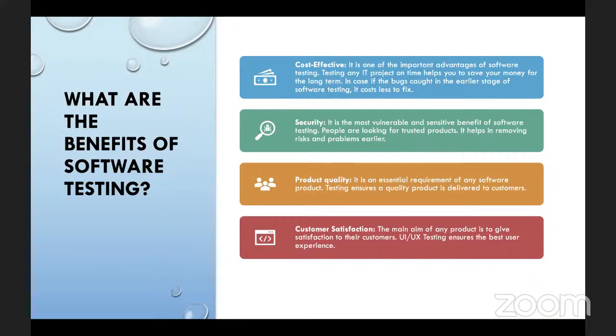Product quality. The reason why testing is very important is that quality is an essential requirement of any software product. So testing ensures a quality product is delivered to customers. We don't want to ship out a buggy platform. When you click on something, it crashes. When you click here, something is not working. When you click on some sort of page, it keeps buffering forever and nothing gets done. That is a buggy platform.